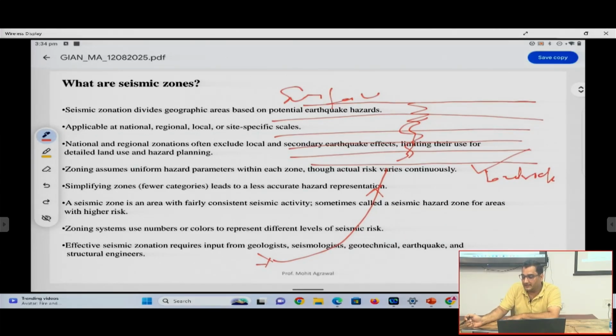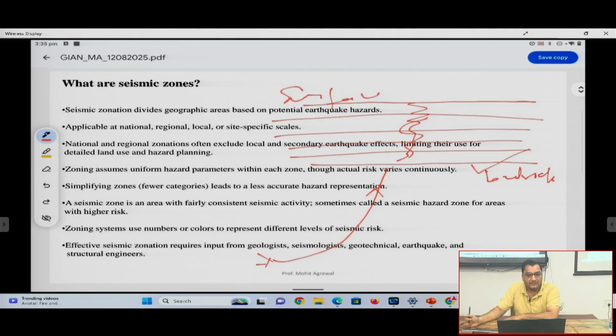For knowing the transfer function, first you need to conduct seismic site characterization. You need to characterize the soil using some kind of techniques, either invasive or non-invasive. You can conduct a standard penetration test, cone penetration test, or some other test, or you can do MASW testing, multichannel analysis of surface waves, or horizontal to vertical spectral ratios.